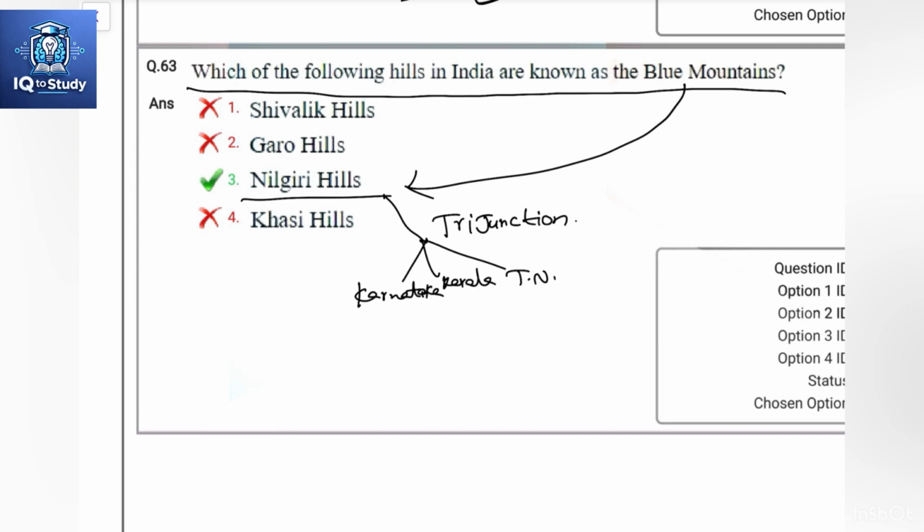And it was named after Neelakurunji flowers, which are purplish-blue flowers. And these hills are part of the Western Ghats down in the south, and Dodabetta is the highest peak there.